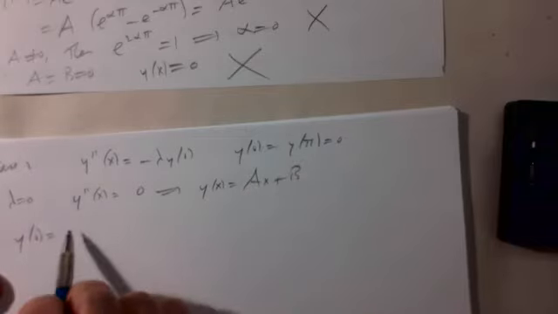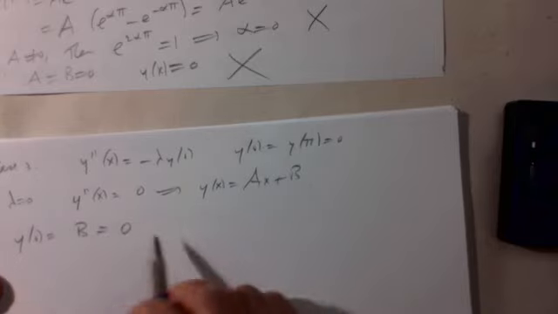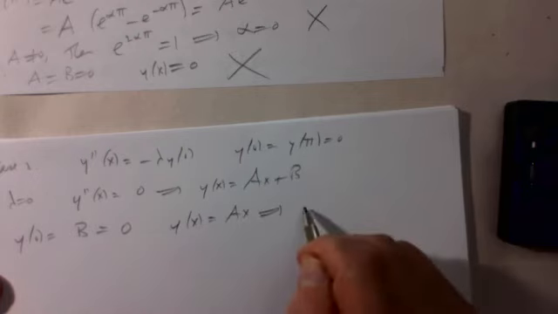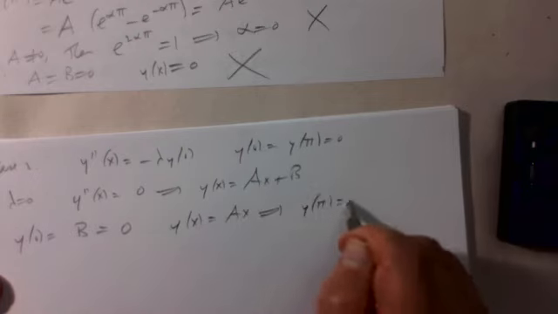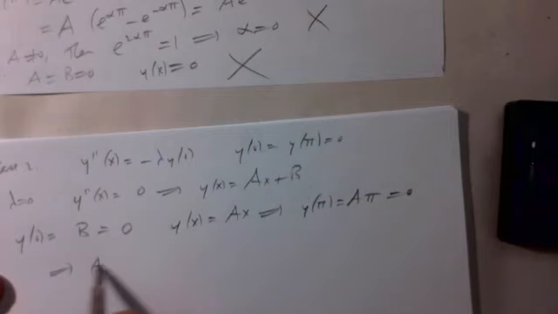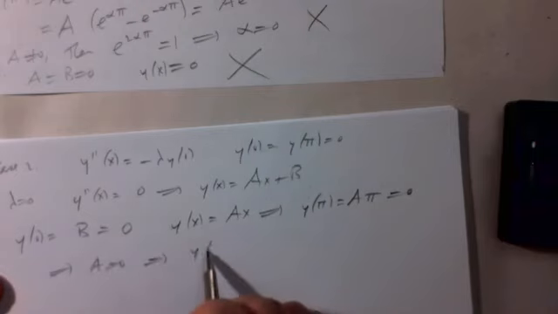So y of 0 is b is equal to 0. So y of x is ax. But y of pi is a times pi is also 0, which means a equals 0, which means y of x is identically 0, which is also no good.